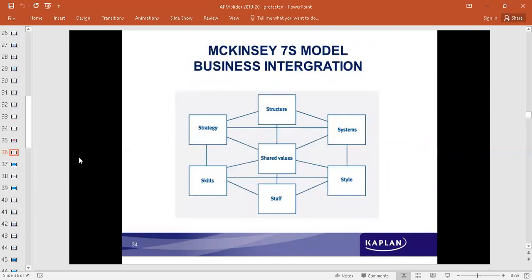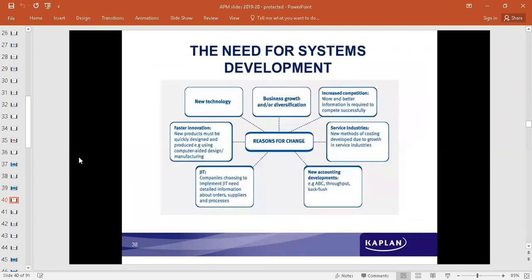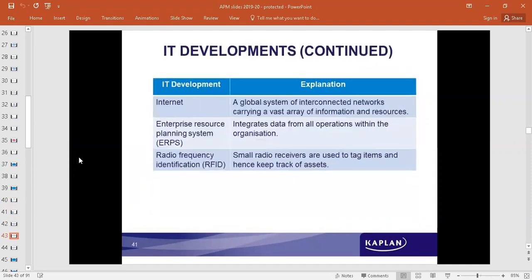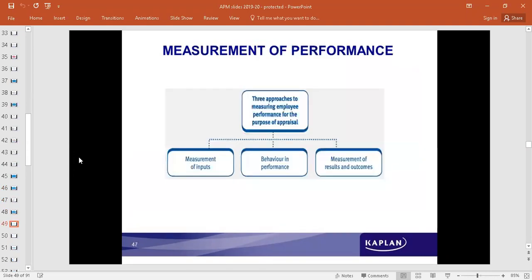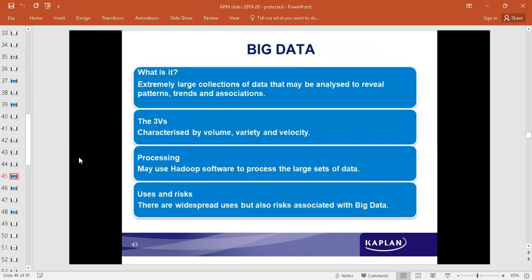So next Saturday when we come, as soon as we start the class, we'll answer that question. And BPR, there is one case study we can pick up. Depending on whether we can take it up next week or postpone it to some other day, we will do that. Okay. Next is information, and then we will be learning about various elements of technology. So all that we will take up next week.